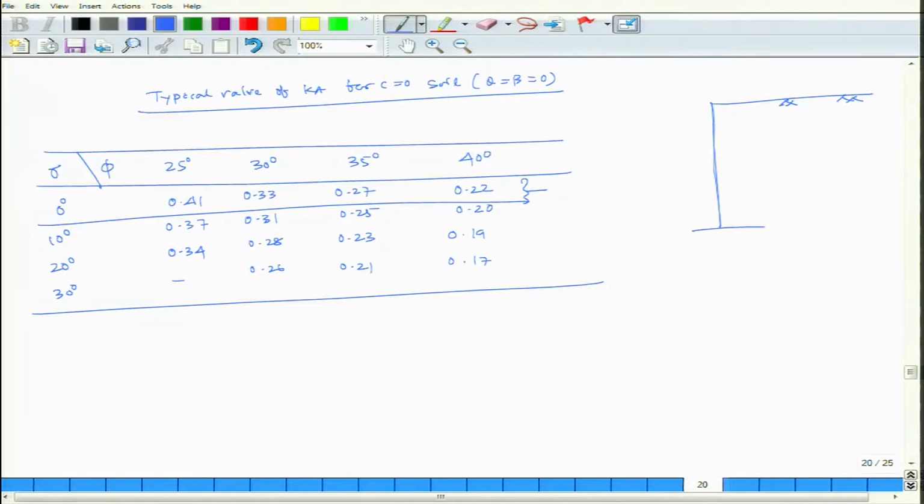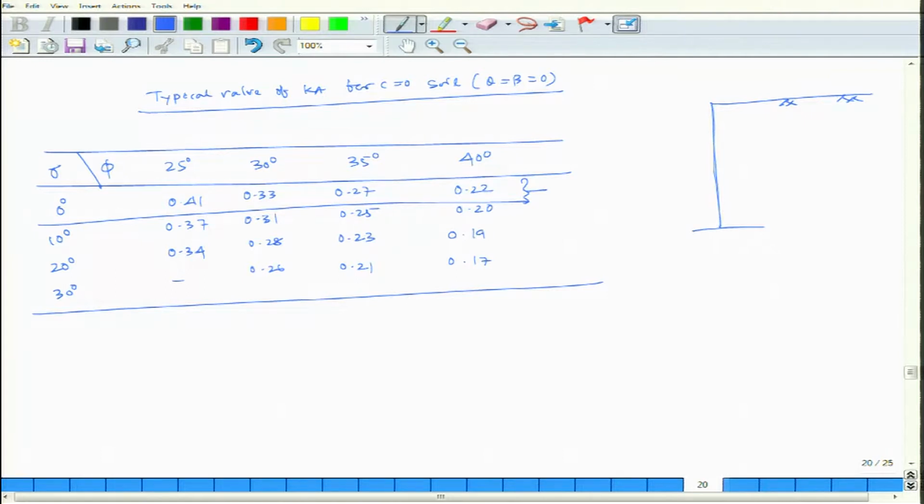Delta is varying from 0 degree to 30 degree, and this is the range of the typical value. If you consider beta, if you consider theta also, these values can be generated. This is your entire syllabus for your earth pressure theories.